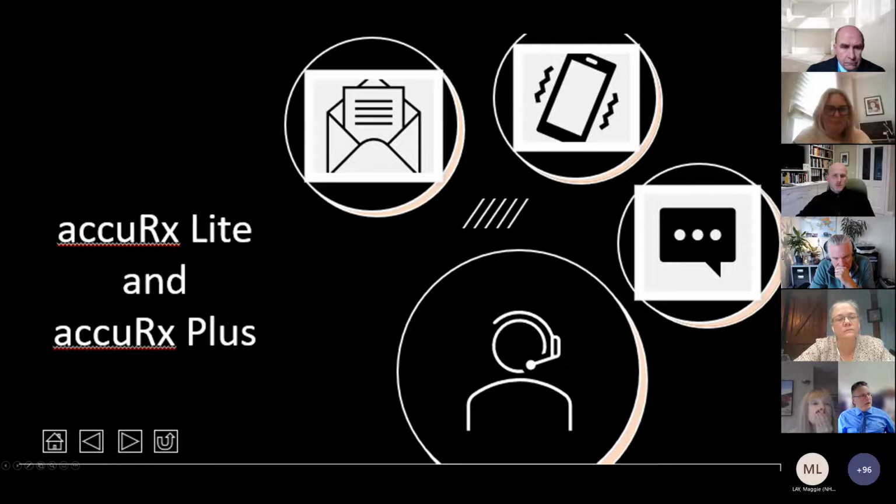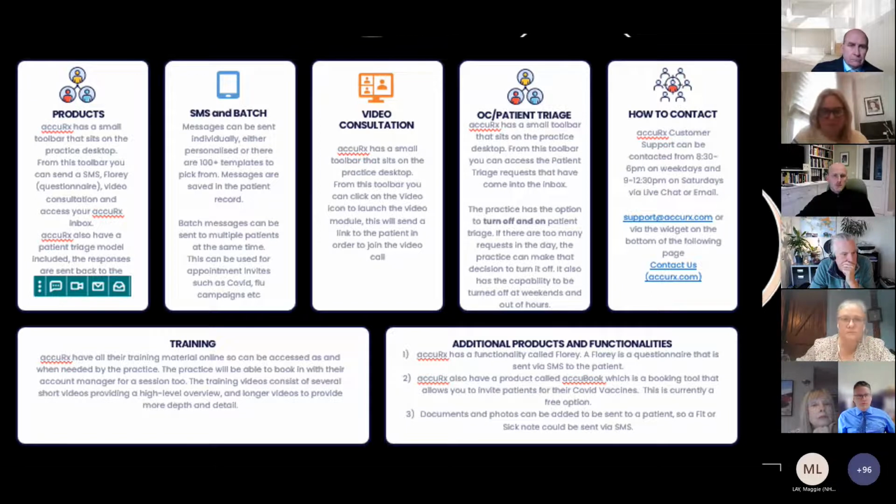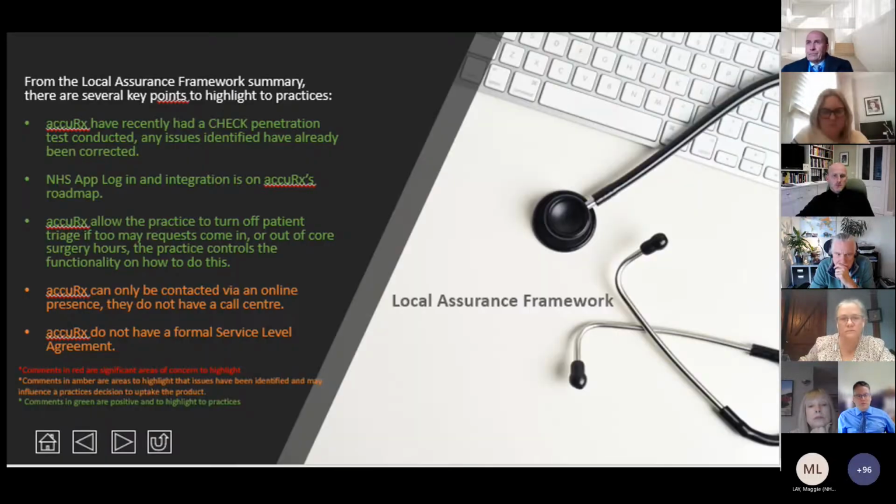Every product has its own section where there's a summary of the functionality that it has, as well as a summary of the findings of our assurance process. So practices can very quickly look at a summary and then dive into the detail afterwards if they want to.